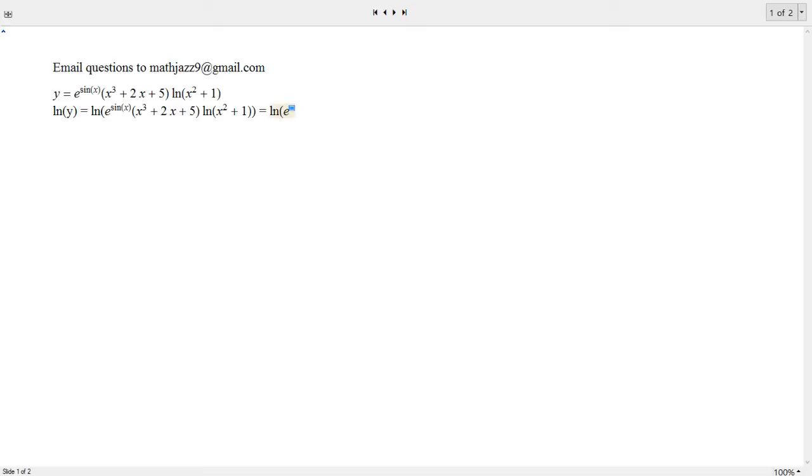So we have e raised to the sine x, plus we have the natural log of this polynomial x cubed plus 2x plus 5, and we have the natural log of the natural log of x squared plus 1. So the natural log of y is equal to this. Now, I need to close all of my parentheses.